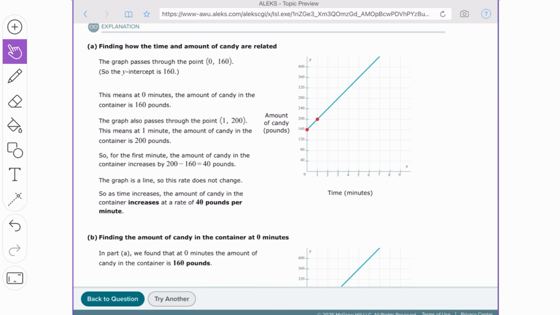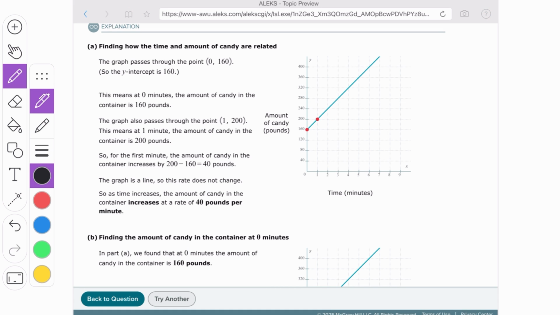So you pick 2 points on the line, and then you're going to figure out how much it's increasing by. So for the first minute, and I'm right down here, just put a little dot there, it's easier. So for the first minute, the amount of candy in the container increases 200 minus 160, which is 40 pounds.